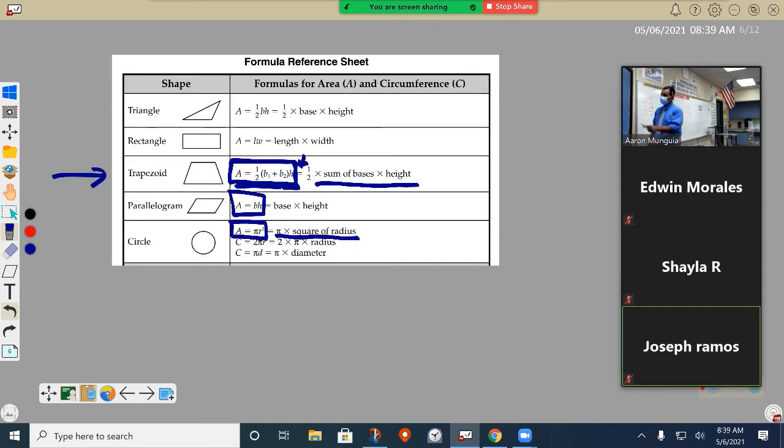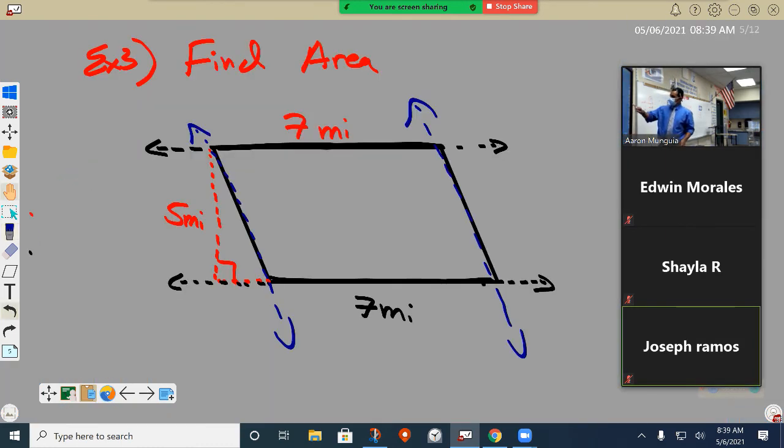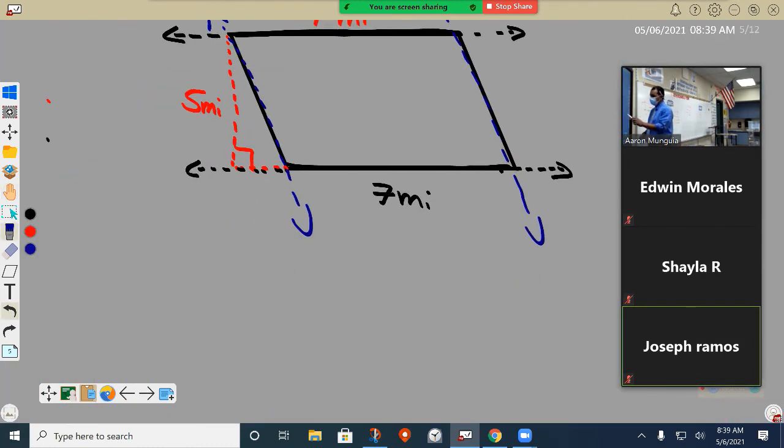The area is one of the easiest ones out of all the 5 shapes. It's base times height. Area is base times height. Parallelogram. Rocking and rolling. Let's do it. Area is base times height.